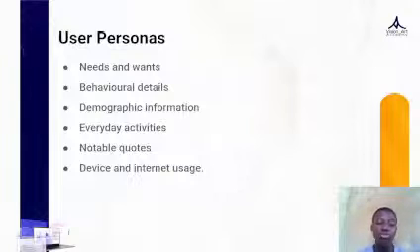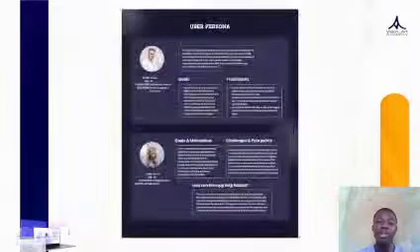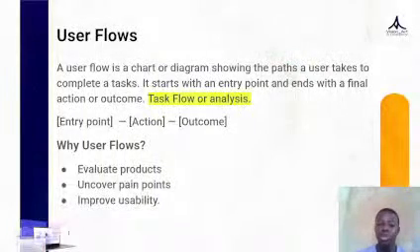Sometimes you might not need to include their notable quotes, everyday activities, or the device and internet usage. So those three are very important: their goals and motivations, their frustrations, that is the pain points, the problems they are facing, and their demographics.